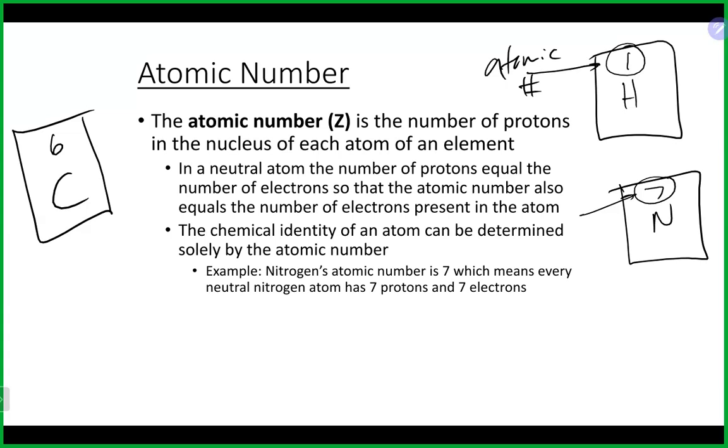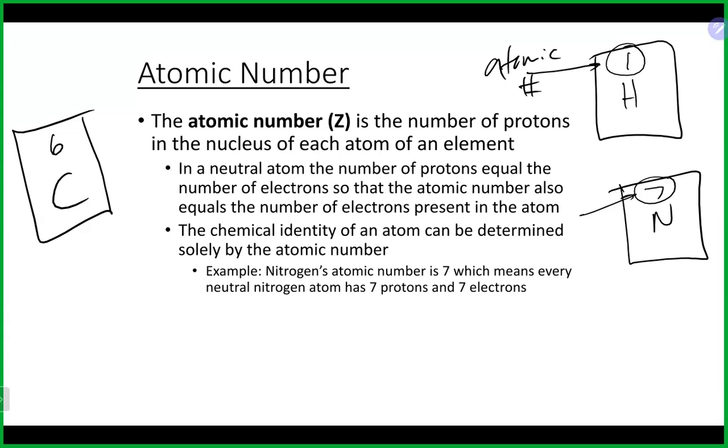That also means that when we talk about protons, electrons, and neutrons, which particle is the most important in terms of what element you're dealing with? Since every element has a different atomic number, the most important of those three particles are protons. The protons determine what element you are dealing with.